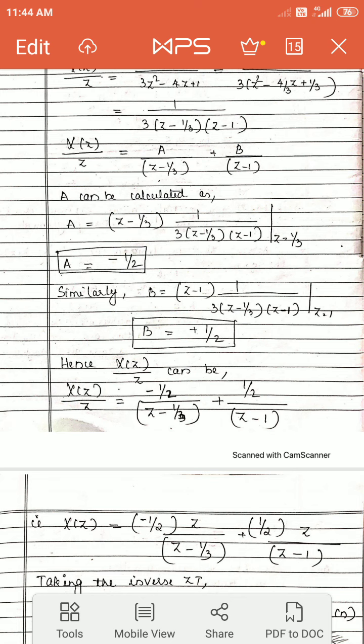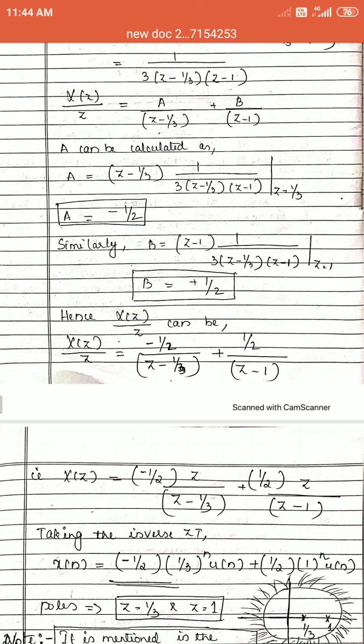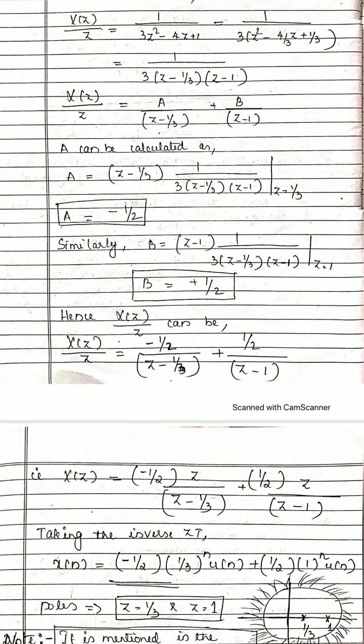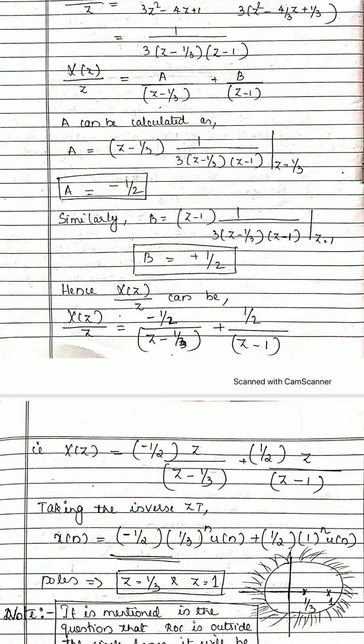By taking z is equal to 1 by 3, you can get the value of A is equal to minus 1 by 2. By taking z is equal to 1, you can get the value of B is equal to 1 by 2. Hence you can write X of z by z is equal to minus 1 by 2, the value of A, divided by z minus 1 by 3, plus B value 1 by 2 divided by z minus 1, right?